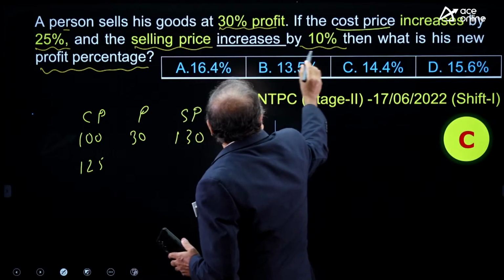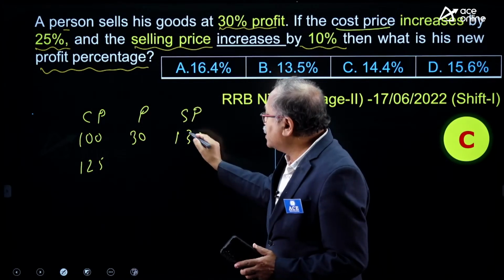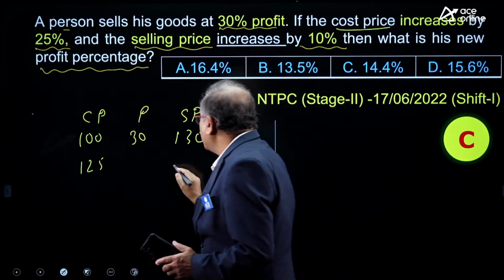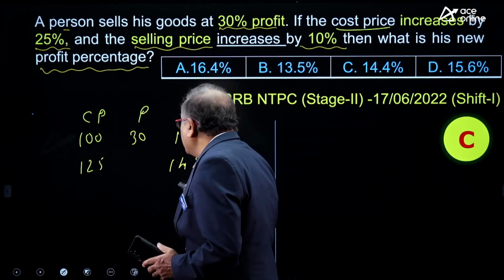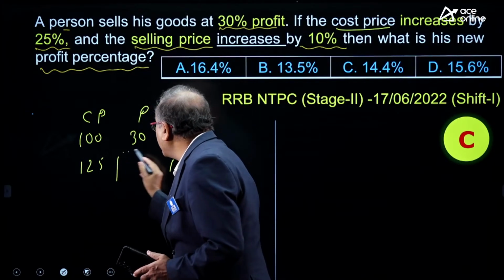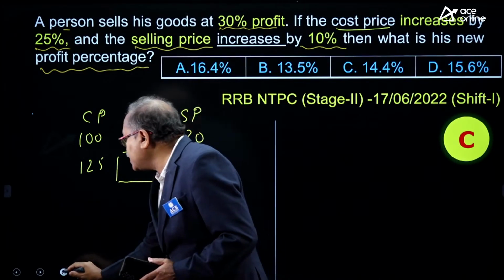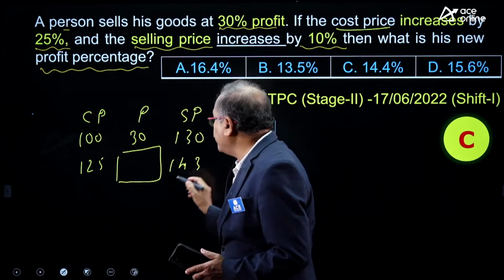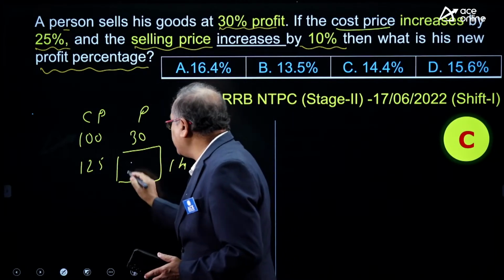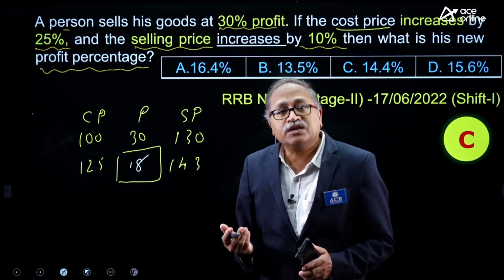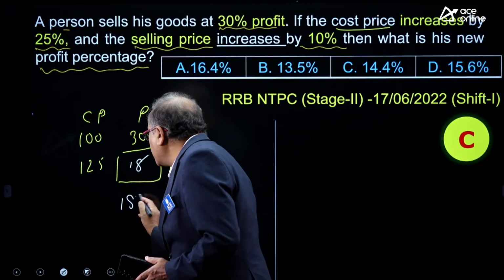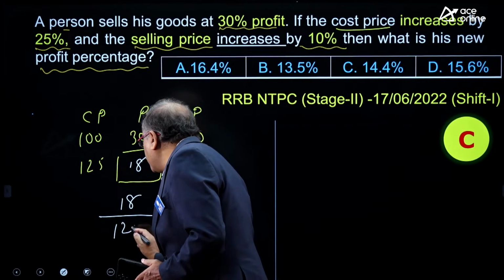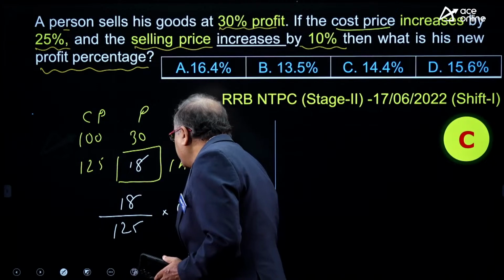And the selling price is increased by 10%. So 10% of this is 13, so it comes to 143. So what is the profit? Selling price minus cost price. So I am getting the profit, which is nothing but 18. 18 is the profit. What is the new profit percentage? So 18 over 125 into 100.